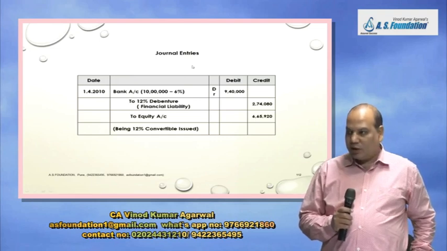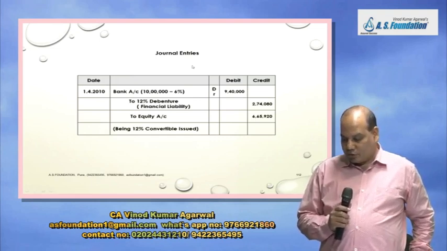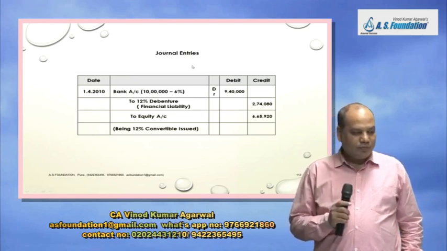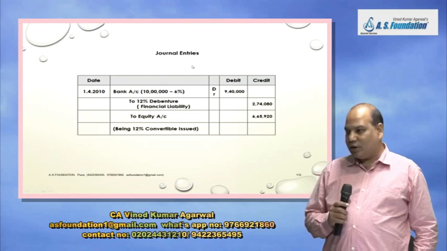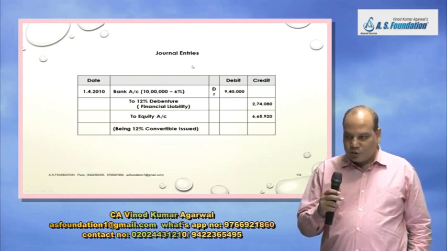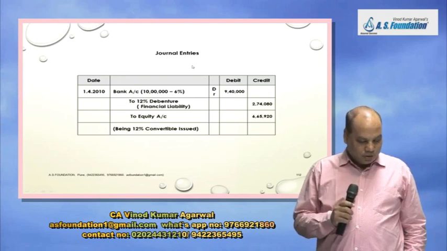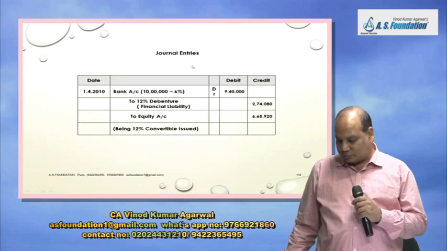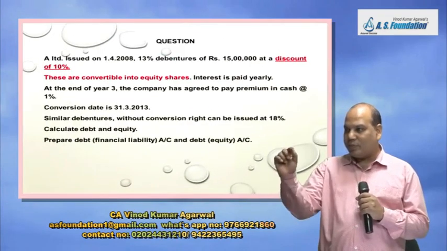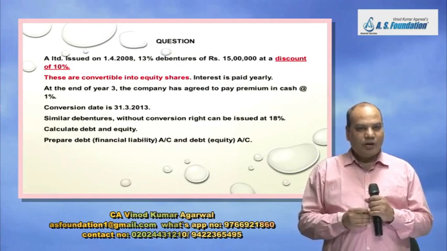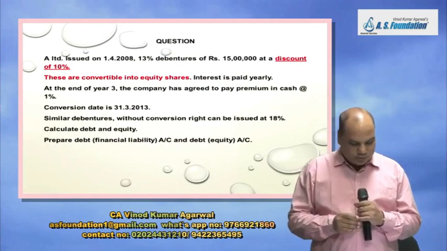Bank account debit 9,40,000 to 12% debenture account, your first answer, and to equity account, your second answer. As per your notebook, it should match. Ledger account is homework. Right? Prepare ledger accounts, homework.